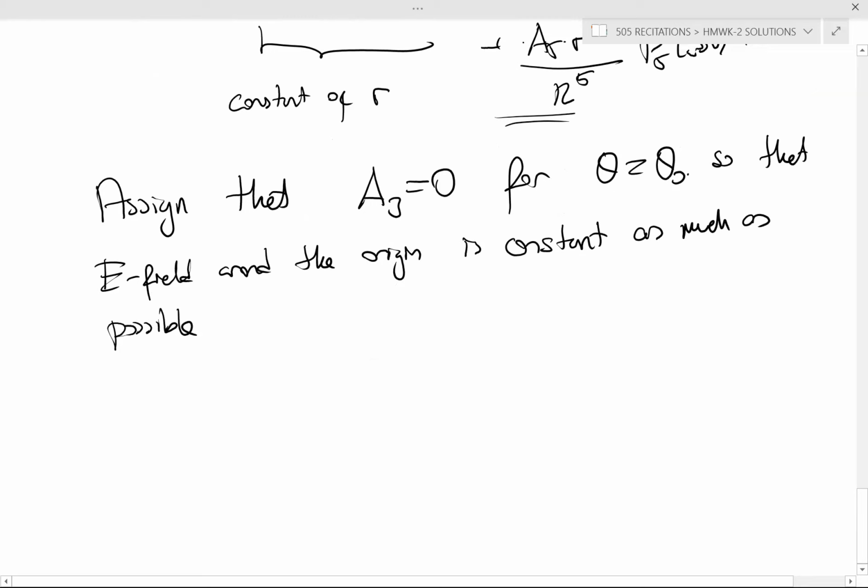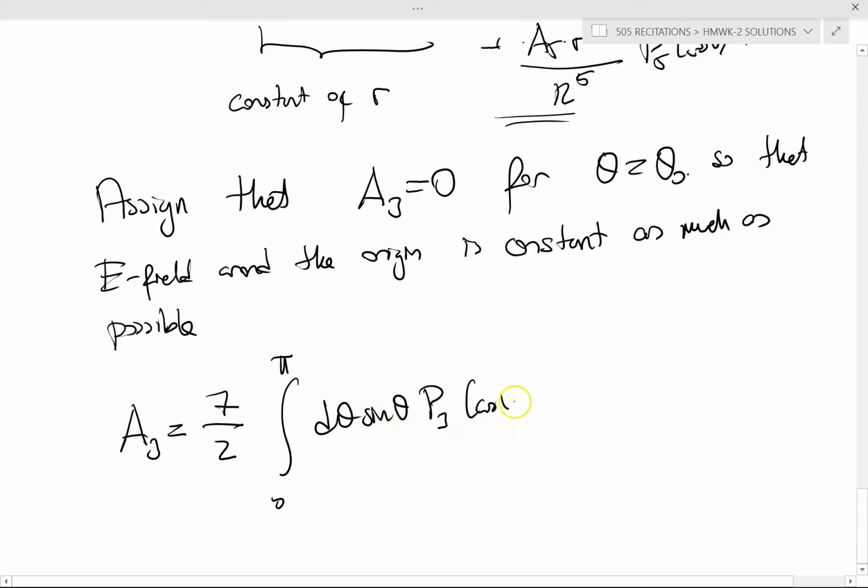But we have already calculated what the AL was. So A3 is nothing but (2L plus 1) divided by 2, which is 7 divided by 2, integral from 0 to pi d theta sine theta, P3 cosine theta, and psi of R, theta.